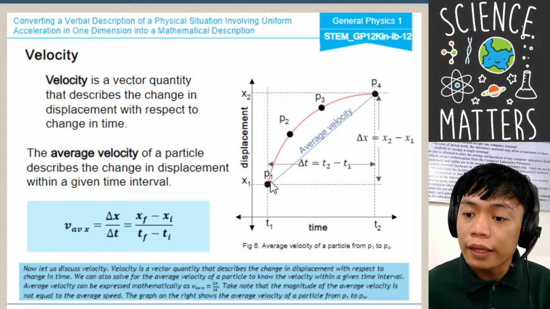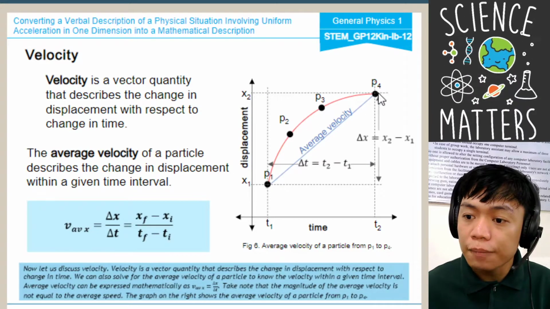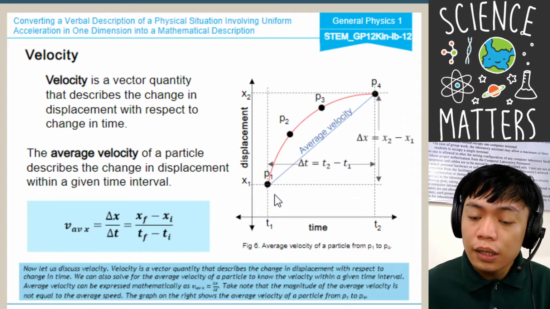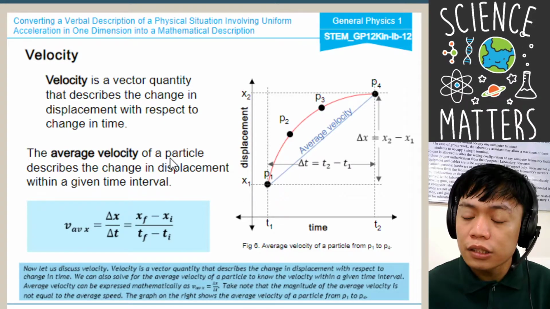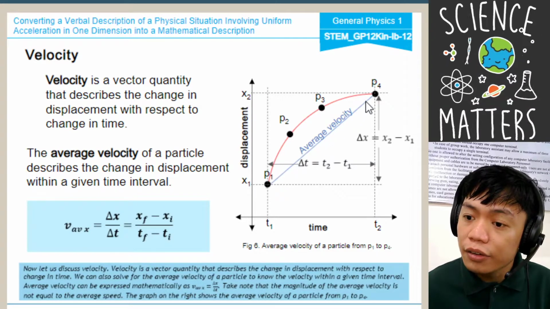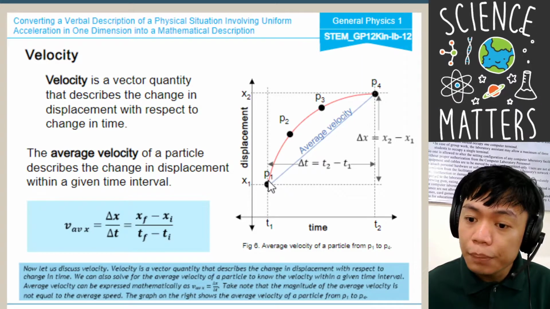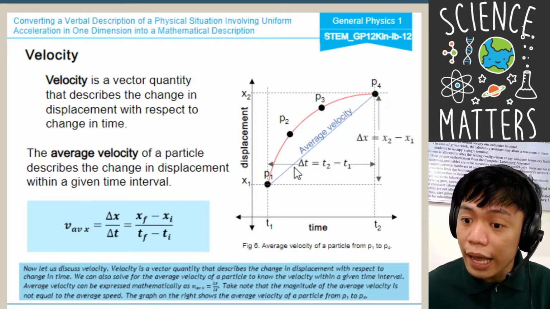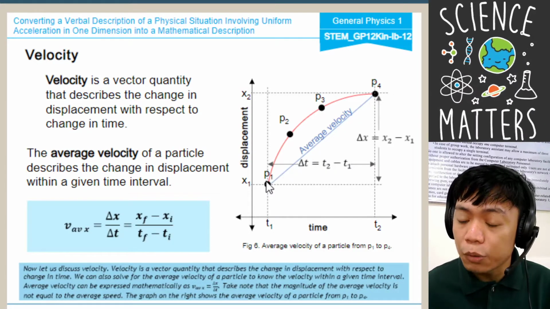P1, P2, P3, and P4 are our positions. Now, this is the average velocity between the final position and the initial position.